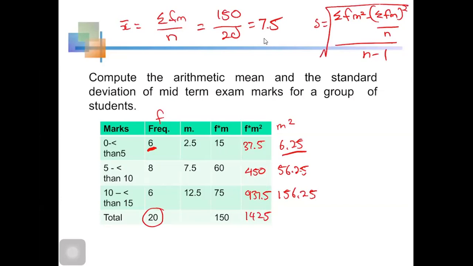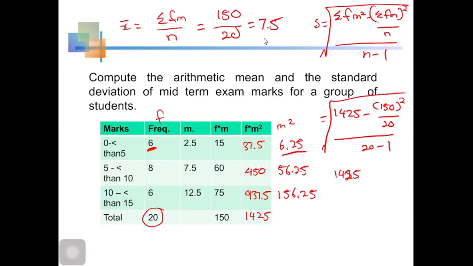So sum of Fm square is 1425 minus Fm in bracket 150 square divided by n 20, divided by 19. 150 times 150 is 22,500, divided by 20 gives 1125.